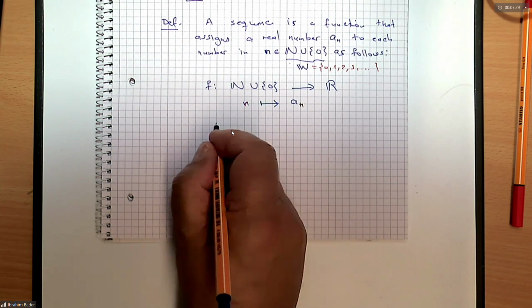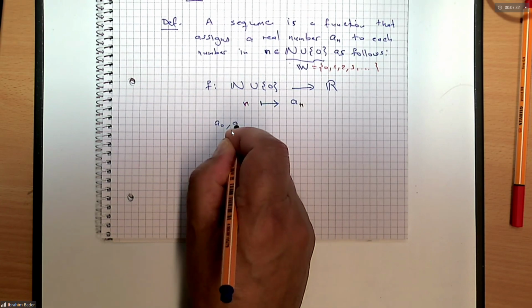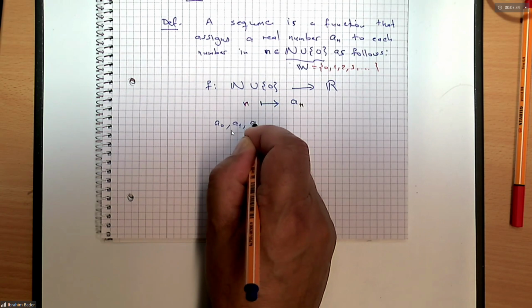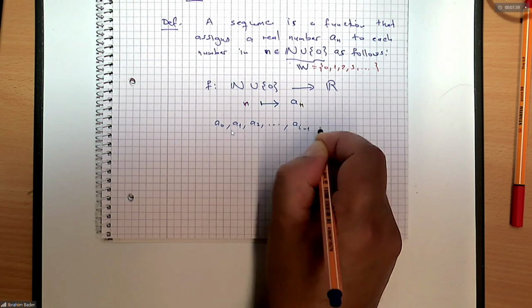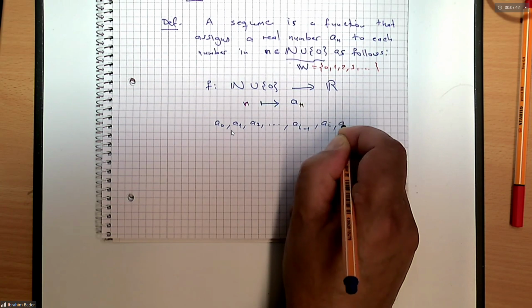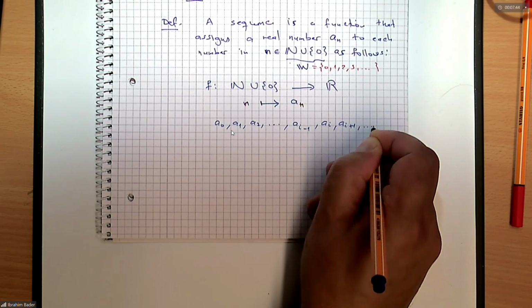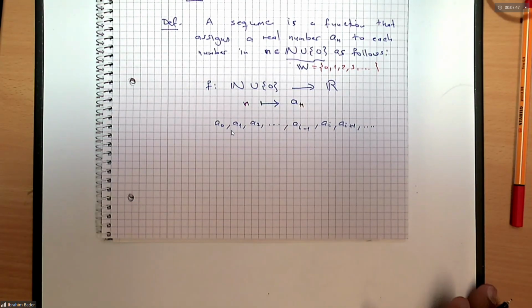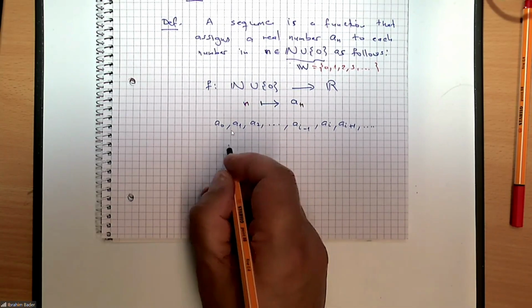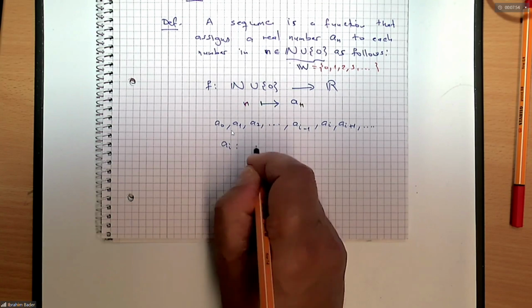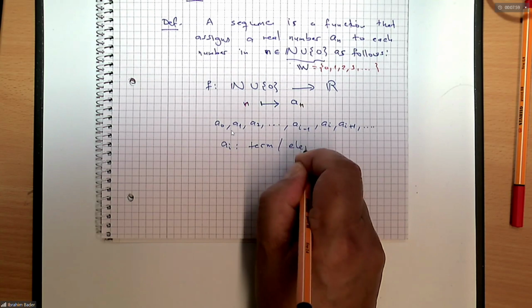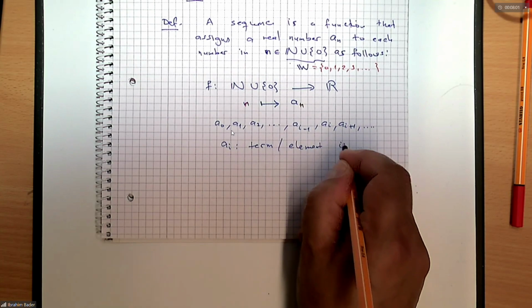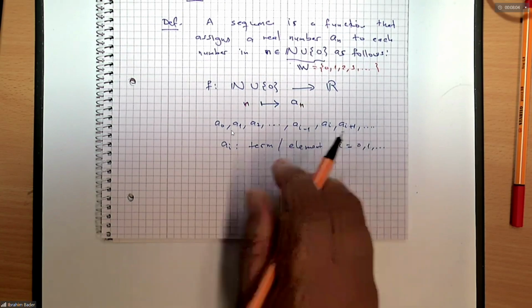So the elements here will be a sub 0, a sub 1, then we have a sub 2, here somewhere we have a sub i minus 1, a sub i plus 1, and so on. So each a sub i is called, as we mentioned, a term or element. Of course, i equals 0, 1, and so on.